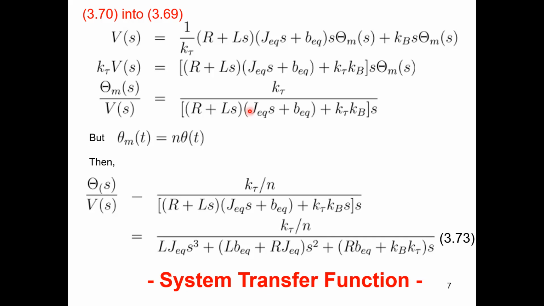But if you really want the load angle, the angle of the arm, it is theta over Vs. Then the right-hand side will be divided by N, the gear ratio. When the motor turns N number of turns, the load goes by 1 turn, right? So you get this equation. This is what's called the system transfer function, 3.73.